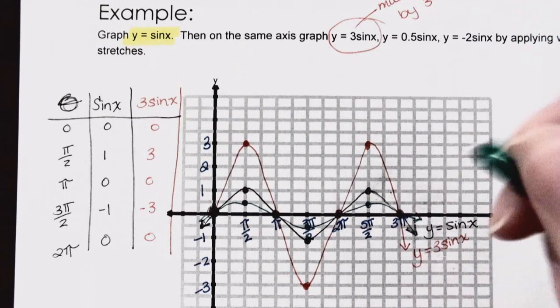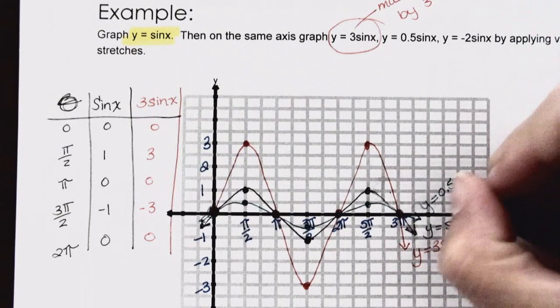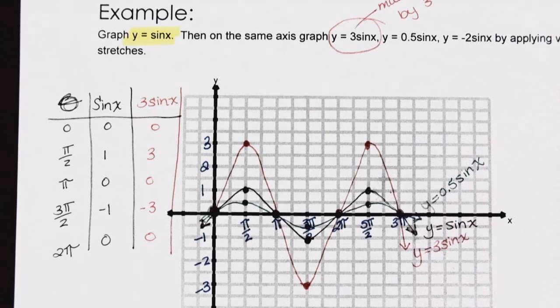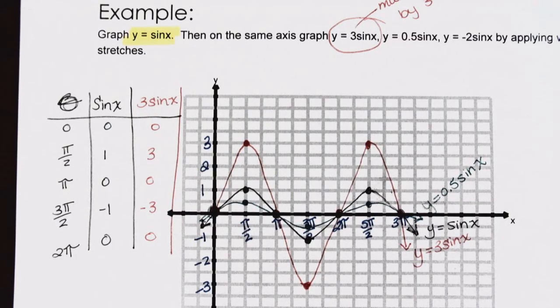Okay, you guys can't tell the difference between my colors, but I swear this one is green. I don't know if my bright blue will show up, but we're going to try it.